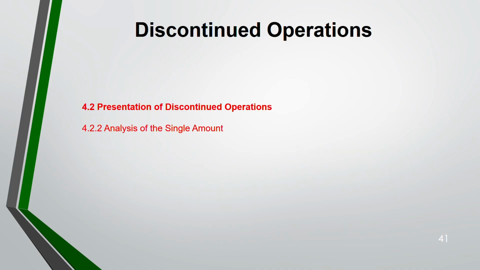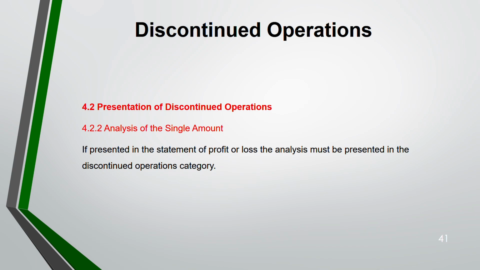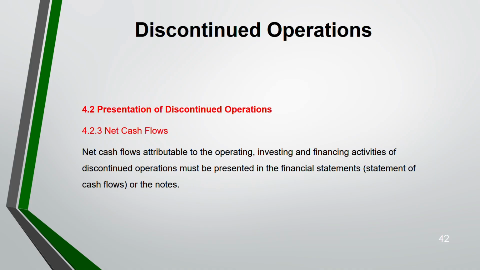If presented in the statement of profit or loss, the analysis must be presented in the discontinued operation category. Comparative information must be restated for the prior period presented. Now, the net cash flow. The net cash flow attributable to the operating, investing and financing activities of the discontinued operation must be presented in the financial statements, that is the statement of cash flows or the notes.